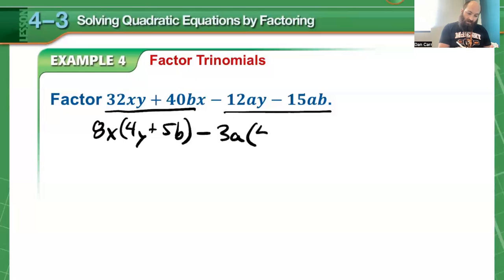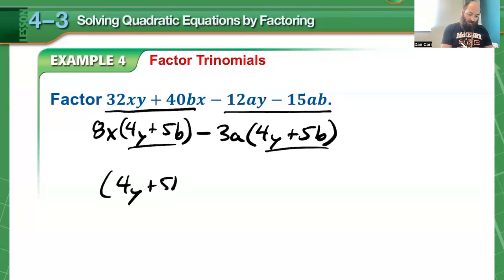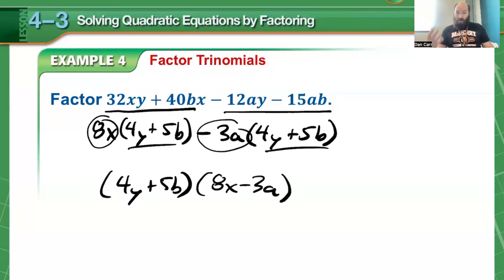So what's left is a positive 4y and a positive 5b. Since this matches that, I am factoring 4y plus 5b out to the front. And then what's left is 8x and a negative 3a, so I can put that in here.